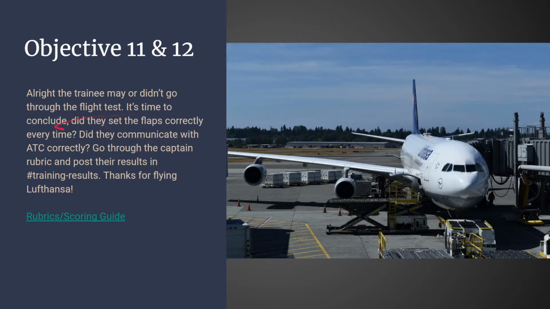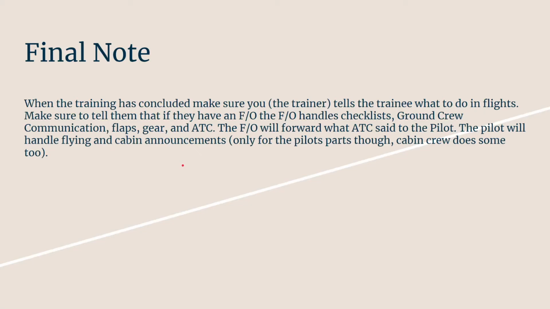So throughout the flight, did they properly communicate with ATC? Did they acknowledge all of ATC's calls and all that other stuff? And then did they properly set flaps? And yeah, this is a little final note.